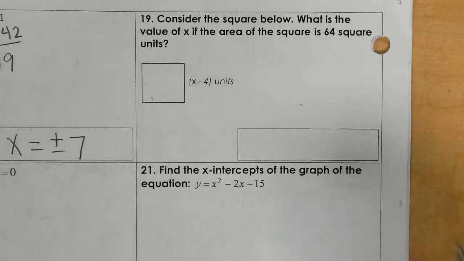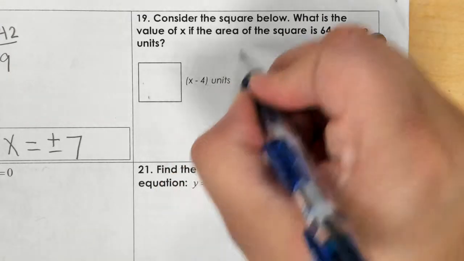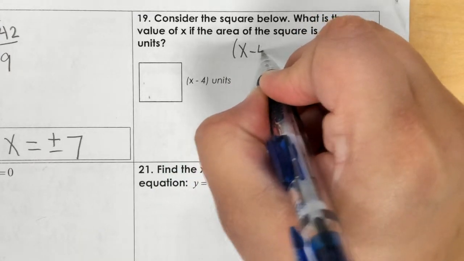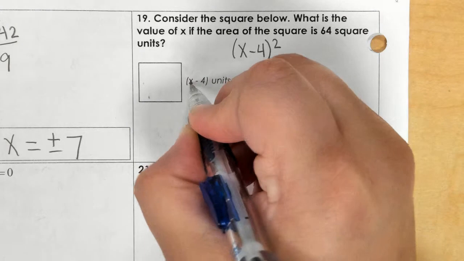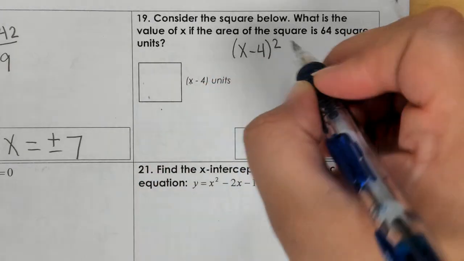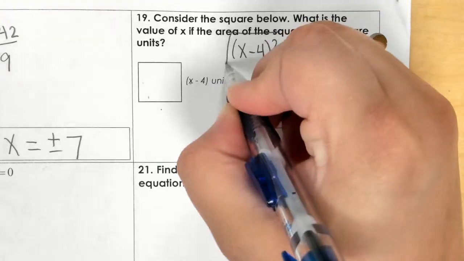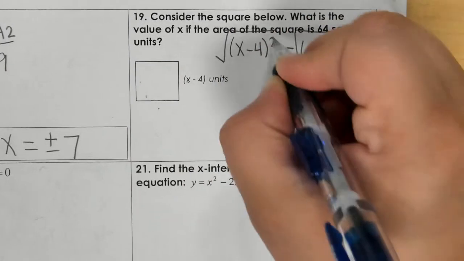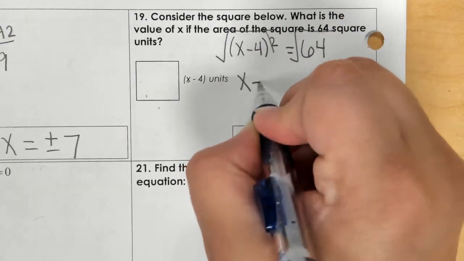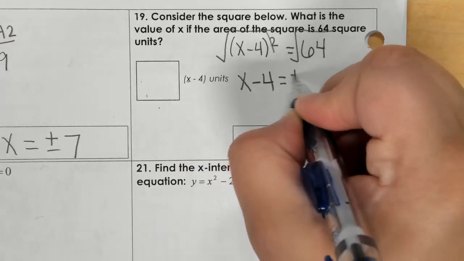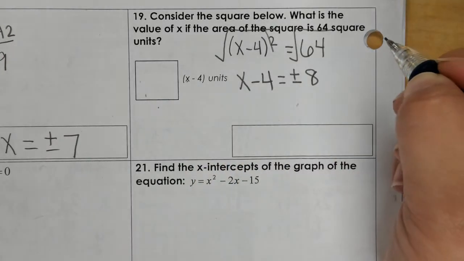In number 19, I have to set it up. So I'm going to say x minus 4 squared, because you're going to side times a side, or side squared, equals your area of 64. I'm going to square root both sides and get x minus 4 equals plus or minus 8.